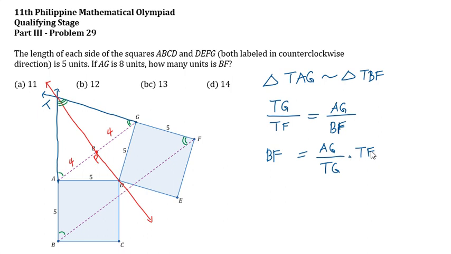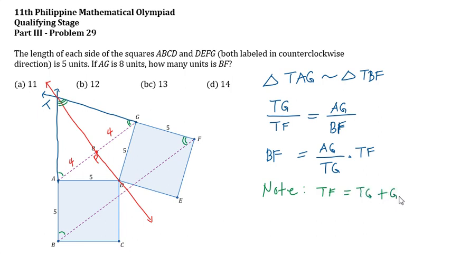Now I'll break down TF into the sum of TG and GF. From this side, we can say that TF is equal to TG plus GF.